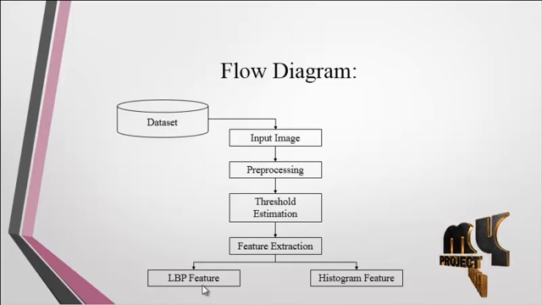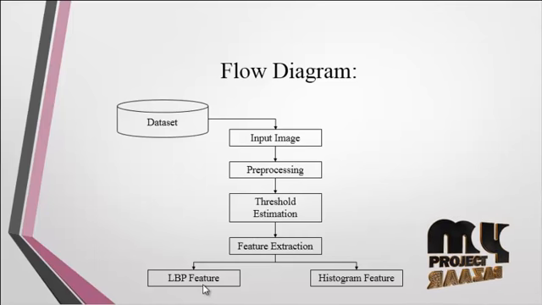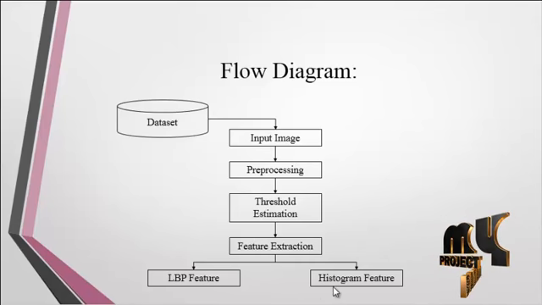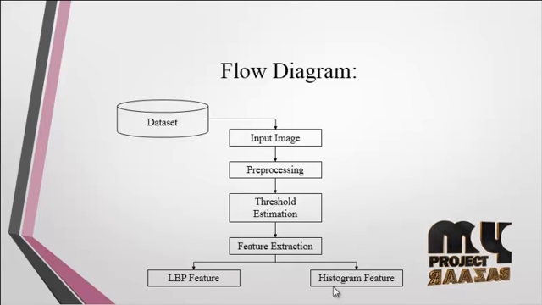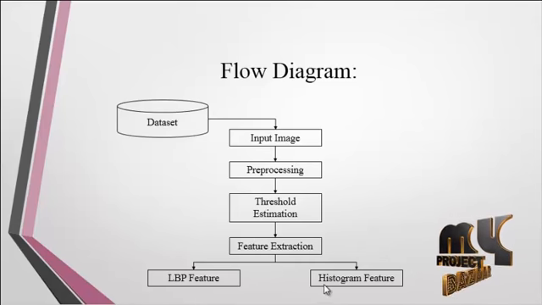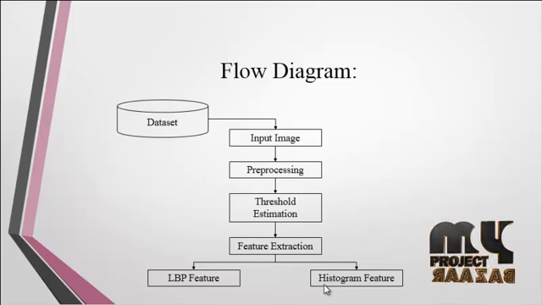After getting the binary patterns from the image, the histogram is computed. The histogram is one type of feature which is extracted from the image. By combining both the LBP and the histogram features, we take them as the test features.